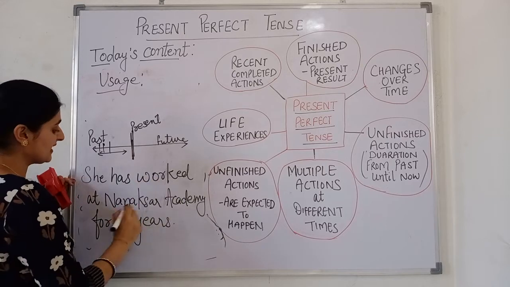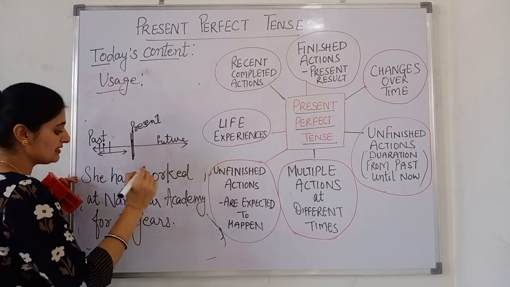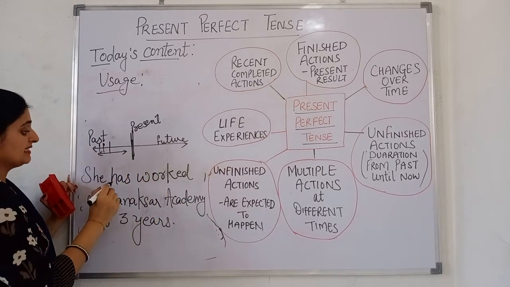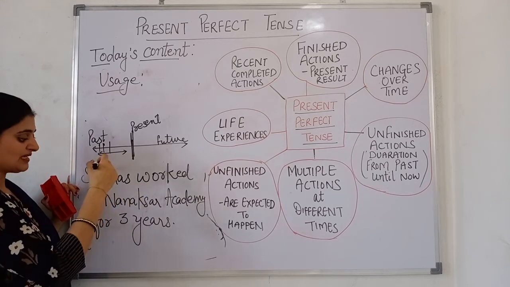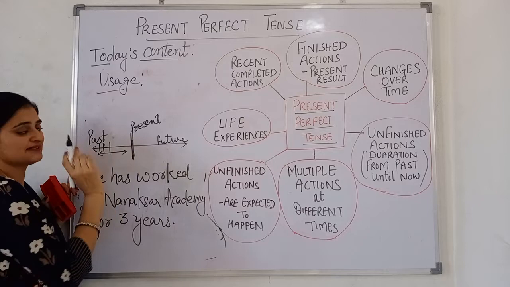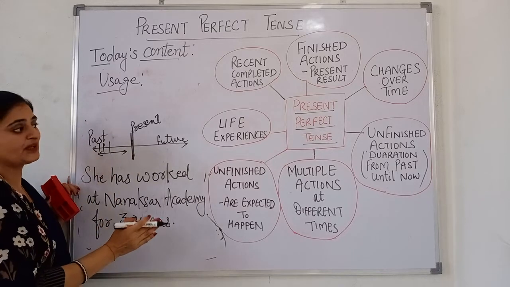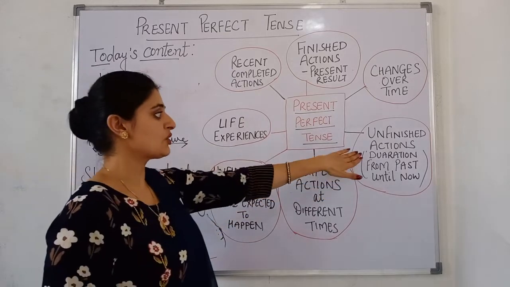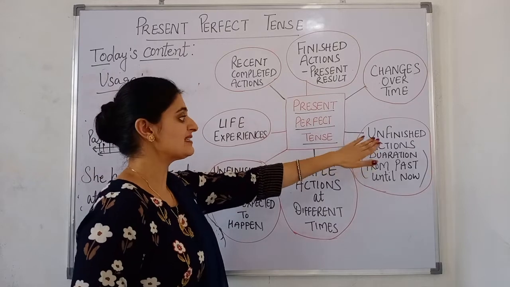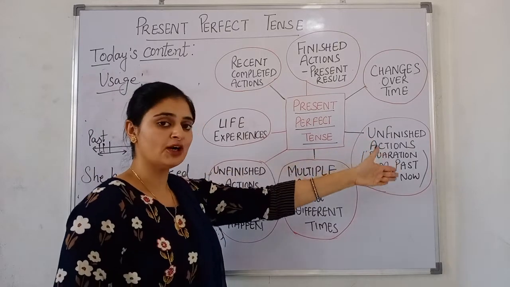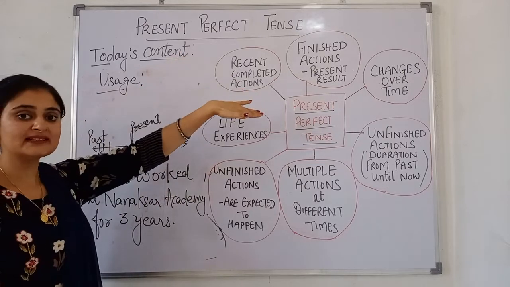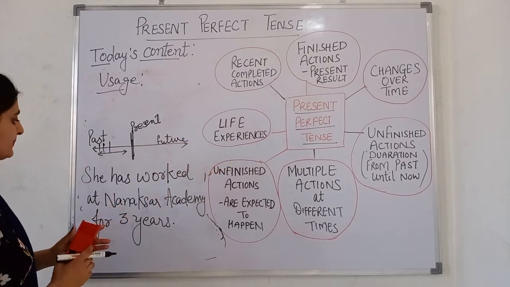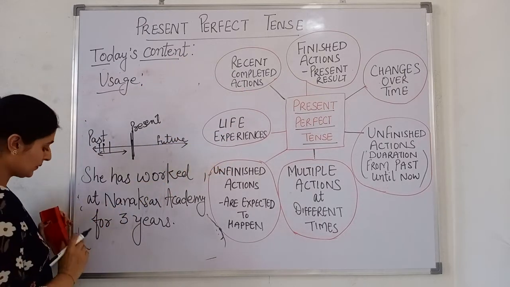She has worked at Nanak Sir Academy for 3 years. It means she started working at Nanak Sir Academy 3 years back and is still there. The action is not finished, it is unfinished and going on until now. There we use present perfect tense. Clear students? Okay.